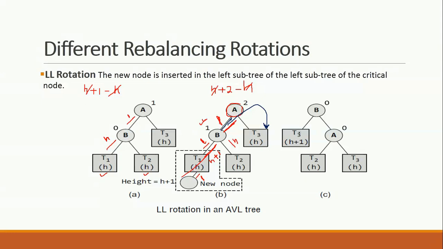This is T1, not T3. So T1, that would be h plus 1, would be the left of B only. A, that is T3, would be in the right. See, this will be the left edge. You can see here it is the same, the left edge we have. And then for B, this one is the right edge, that will remain same.